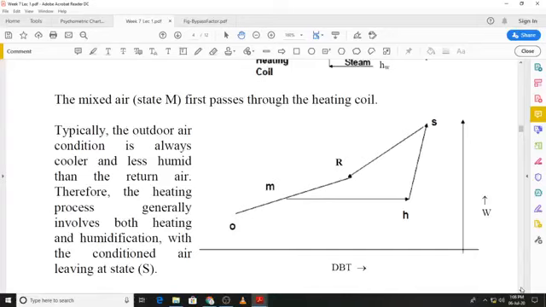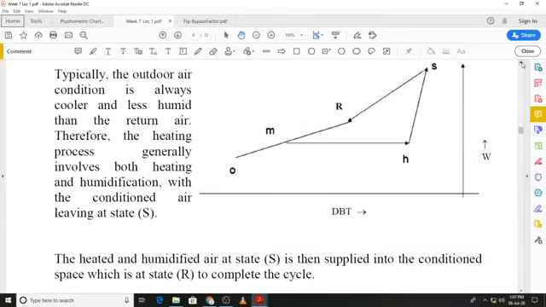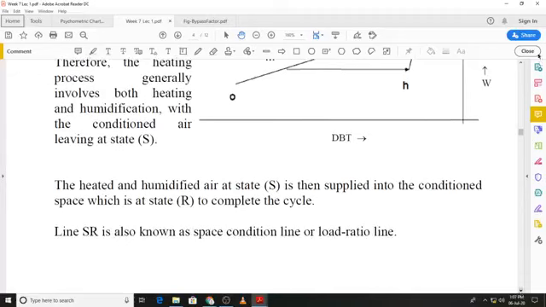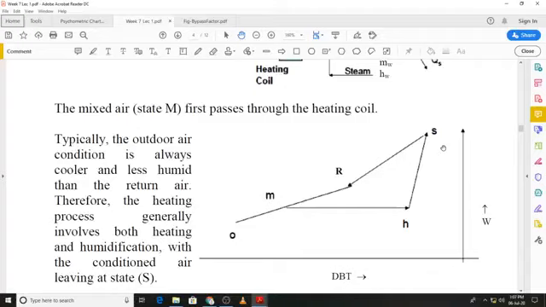That is the basic heating cycle. There are of course modifications to improve this cycle, but we are not going to go into that. We will just confine ourselves to the basic heating cycle, and that is for winter air conditioning. The line SR is known as the space condition line or the load ratio line, and that shows the load of the conditioned space.